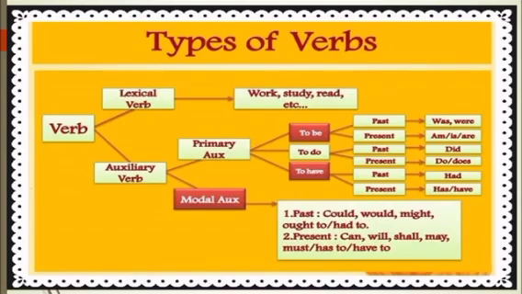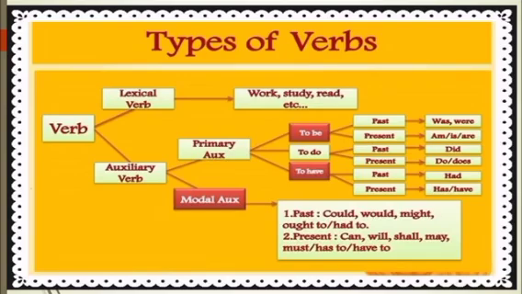In present form, we have am, is, are. In do verbs, in past form we have did. In present form we have do, does. In have verbs, in past form we have had. In present form we have has or have.